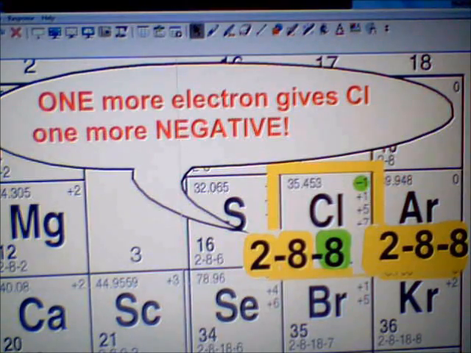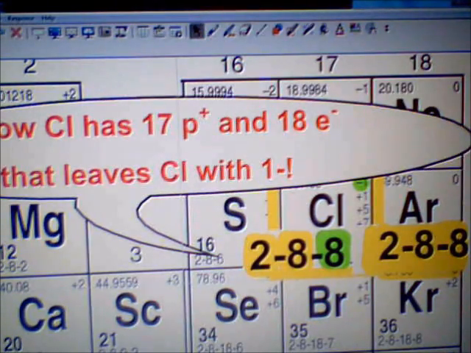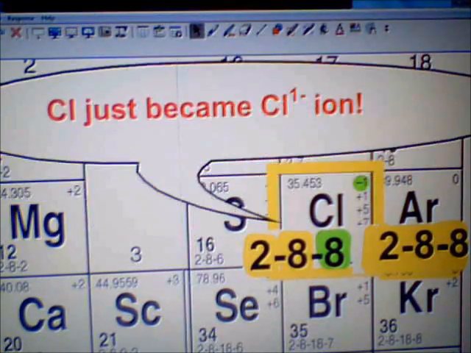And there you have the -1 charge that chlorine will have once it has gained that extra electron and become like the nearest noble gas of argon. Chlorine now is going to have 18 electrons versus the 17 protons it originally has. So with 18 electrons, that's one more electron than it had when it was an atom, so it is now an ion with a -1 charge.